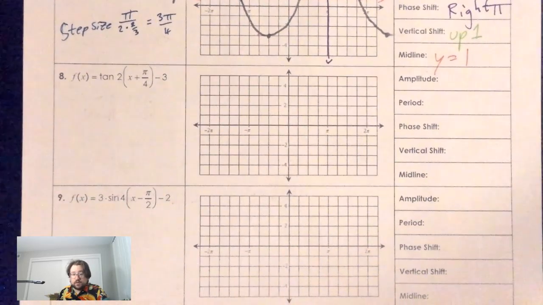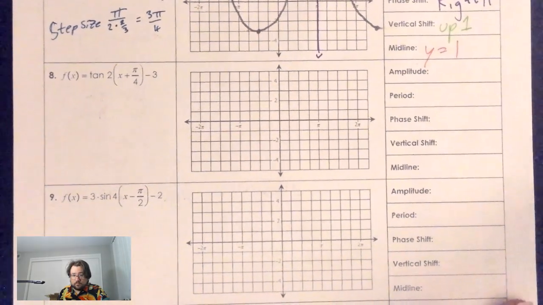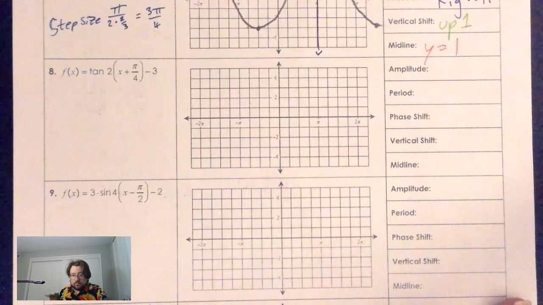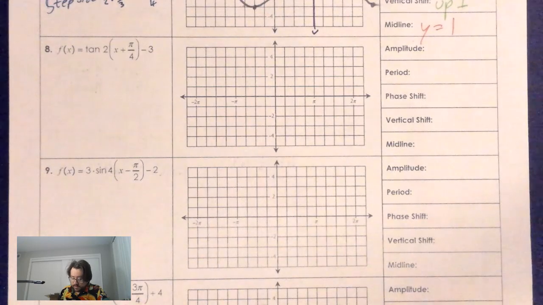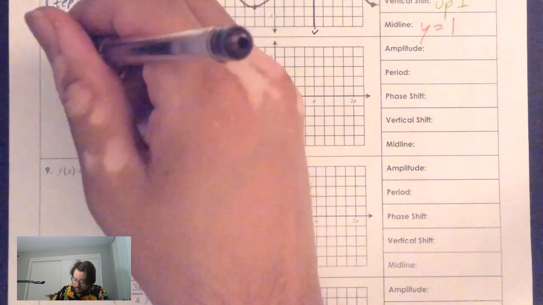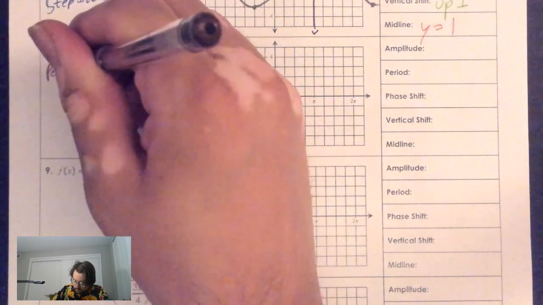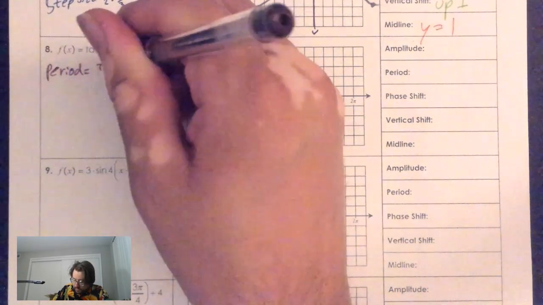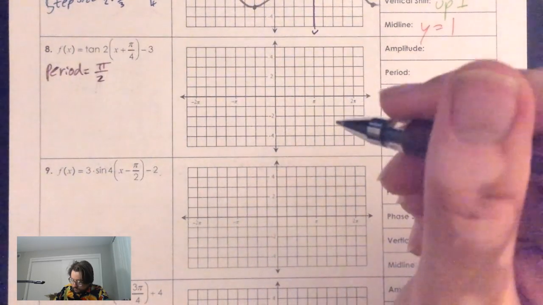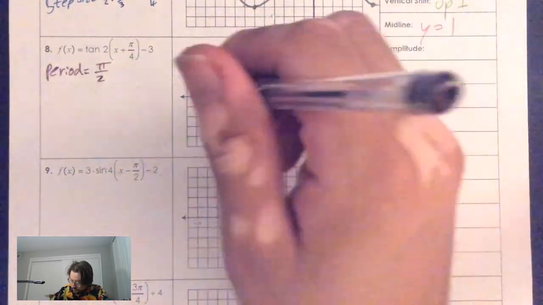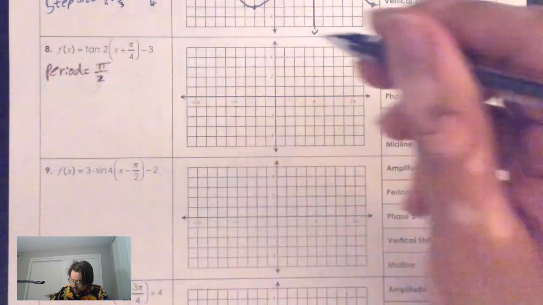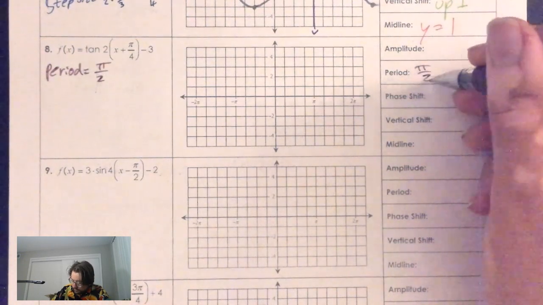For this next one, we'll use the same technique, and then we'll try mixing it up. Okay, so we can see that the period would equal pi over 2, because it's just pi over the b value. That's pi over 2.